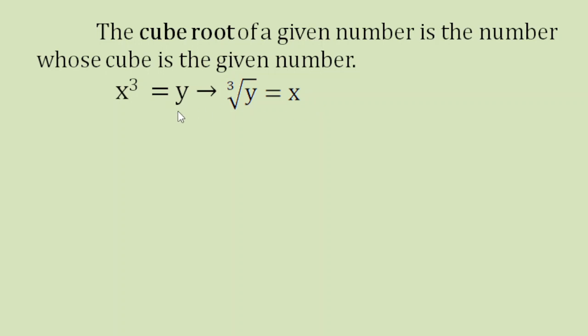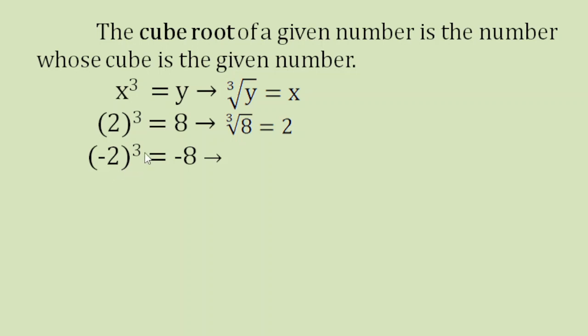To make it clearer, we will use numbers. Since 2 to the power of 3 equals 8, this means the cube root of 8 is 2. And if we change this 2 here to a negative 2, we have negative 2 to the power of 3 equals negative 8. So this means that the cube root of negative 8 equals negative 2.